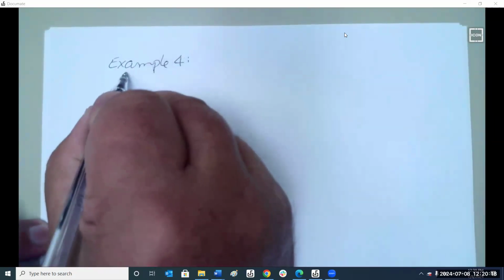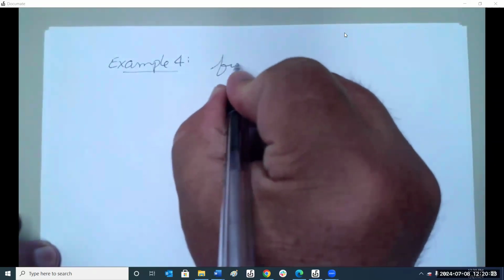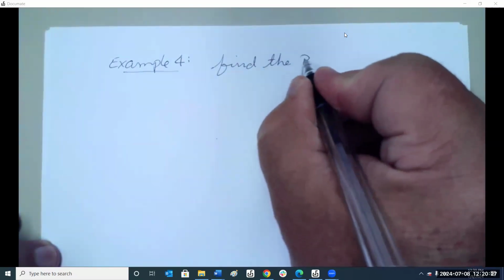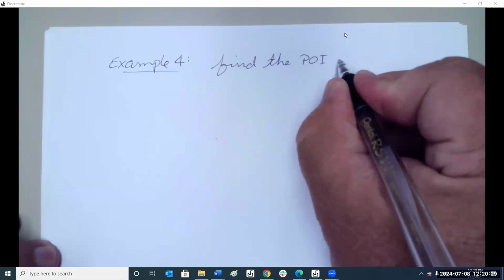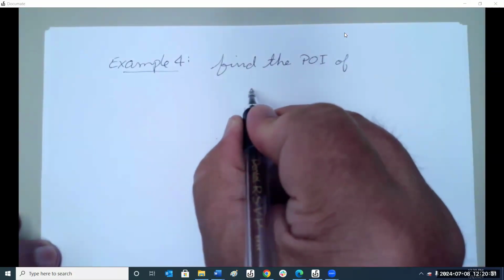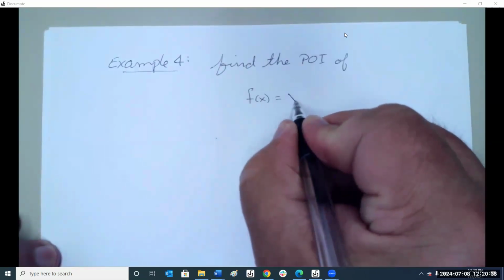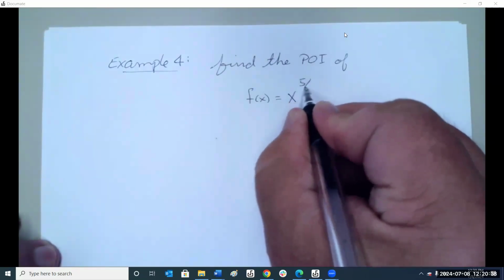Let's look at the next example. Example 4. Find the point of inflection of f of x equals x to the 5/3.